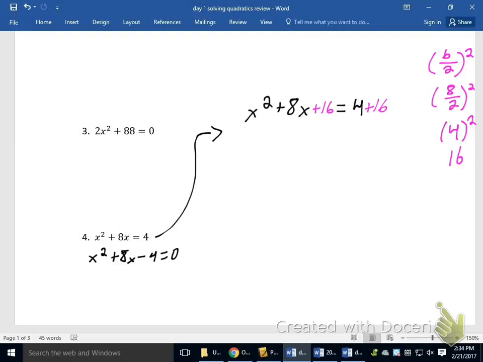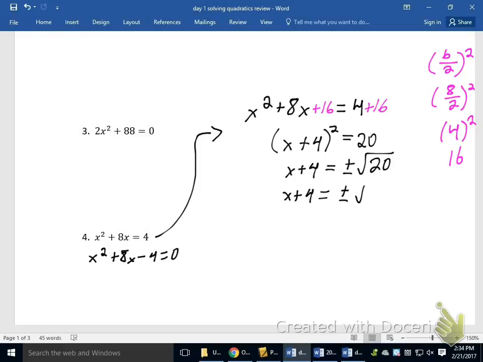And what I mean by that is, now the left-hand side of the equation is a perfect square trinomial, and it factors to x plus 4 squared. It'll always factor to whatever b over 2 was. Equals 20. Now I'm going to take plus or minus the root on both sides. I'm going to simplify that root because I know I can actually take the square root of 4, which is 4 times 5.